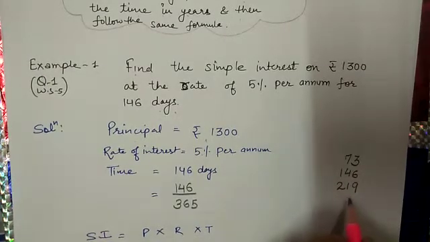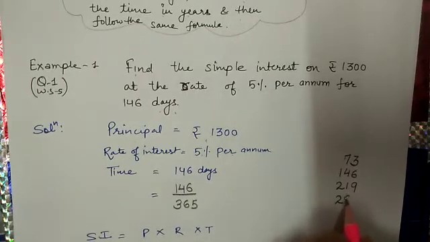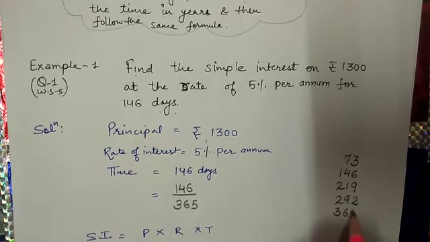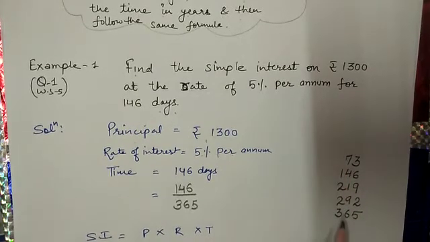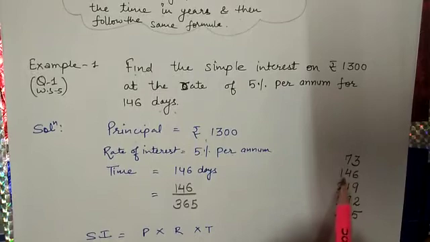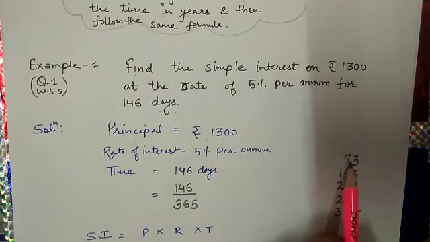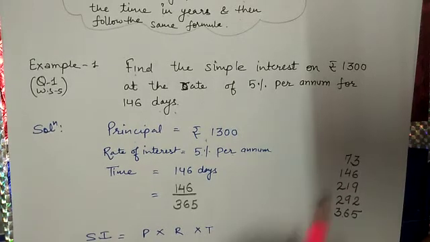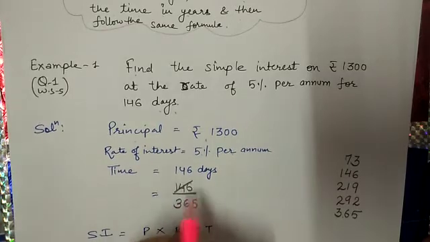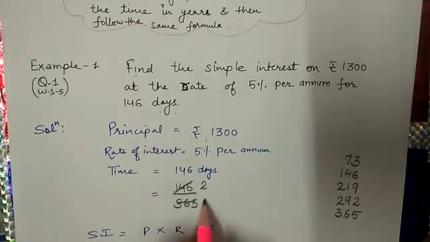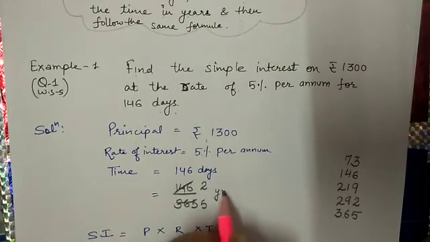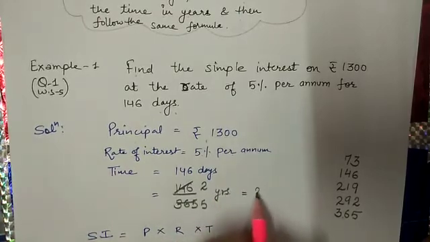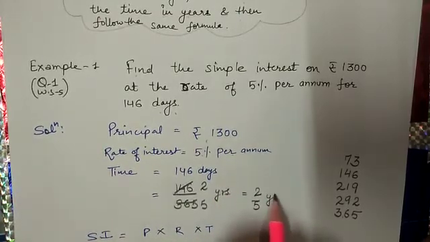These will be very useful for you if you remember these numbers while solving questions on days. Now observe, 146 is the second multiple of 73 and 365 is the fifth multiple of 73. If we remember these numbers, we can easily do the cancellation here only. That is, time became 2 by 5 years.